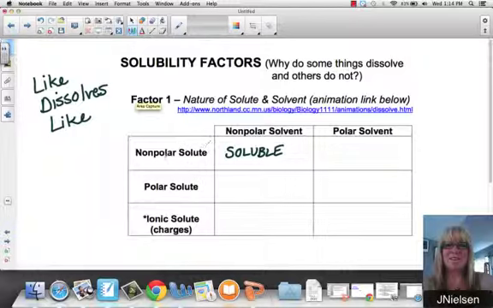If I try to take something that's nonpolar and put it in a polar solvent, then it won't dissolve. A good example of this is oil and water, because we know that oil is nonpolar. It's also a liquid, and so it can be considered the solute because we're putting one thing in another, and the water is the solvent, so this would be insoluble.